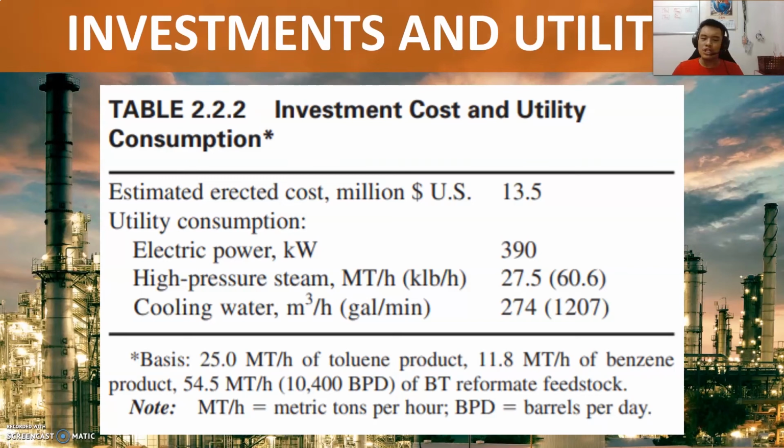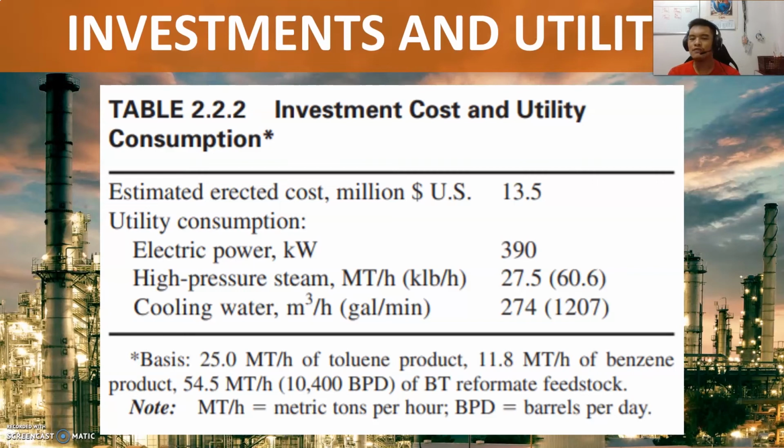But in terms of utility, electricity uses 390 kilowatts. High pressure steam is 27.5 metric tons per hour. And for cooling water, it's 274 cubic meters per hour. Again, quite a hefty sum of resources and money.